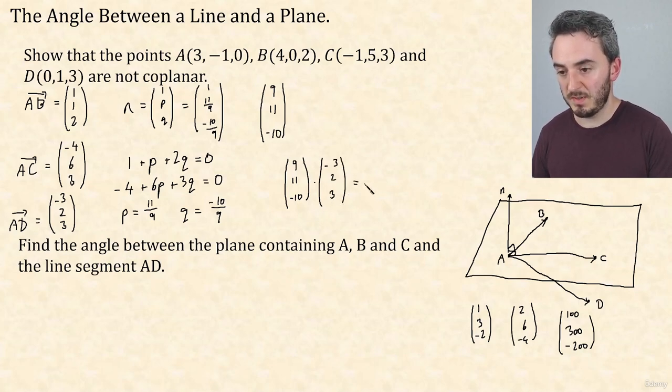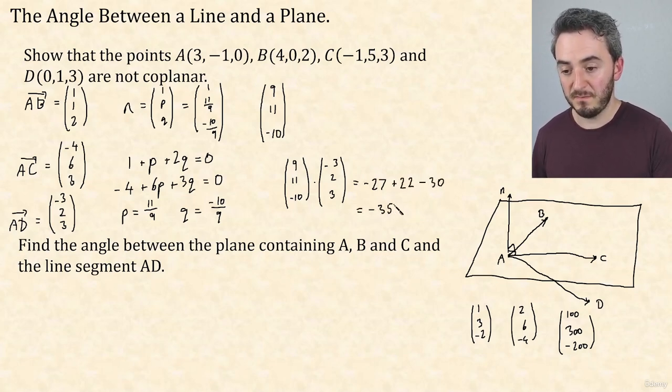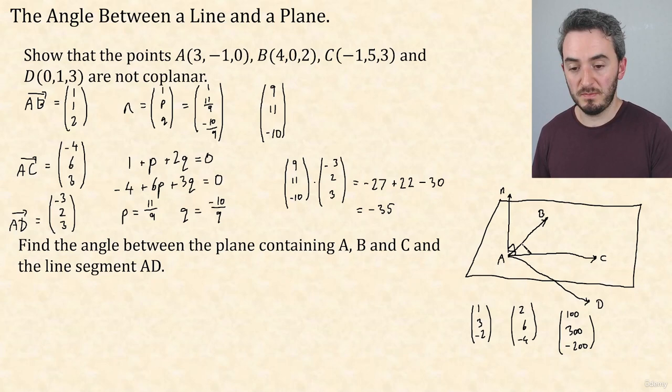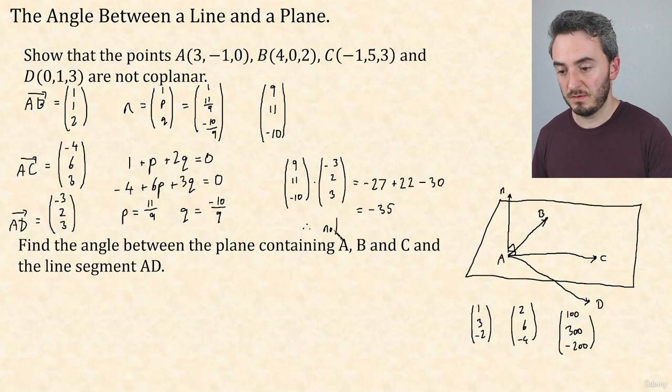Well, it's minus 27, plus 22, minus 30. And that's minus 35. So it's not 0. So what we've shown is that AD is not perpendicular to this vector n. So therefore, they are not coplanar.